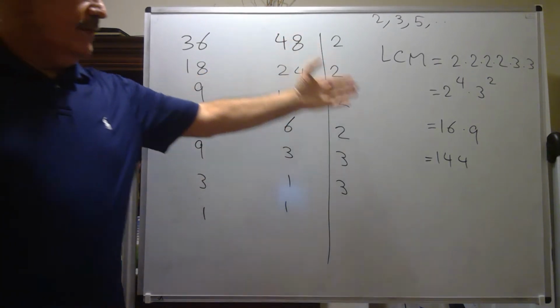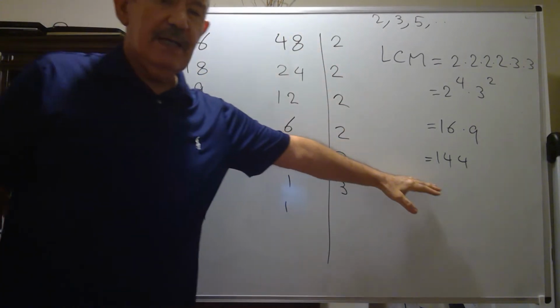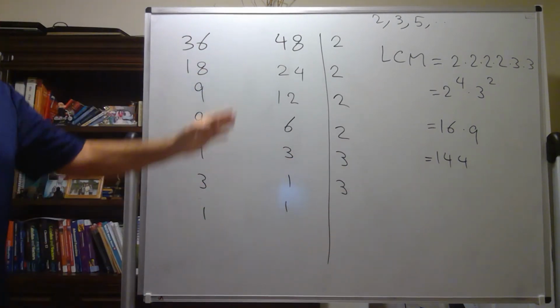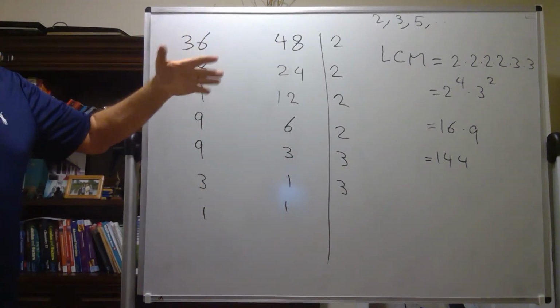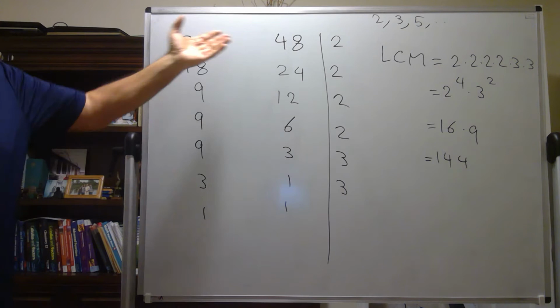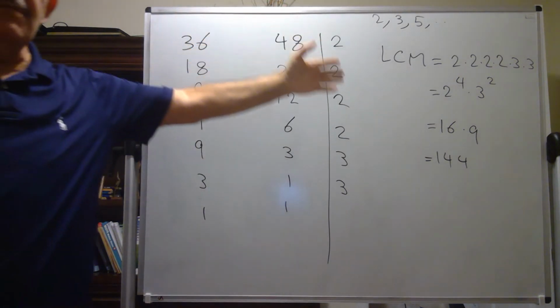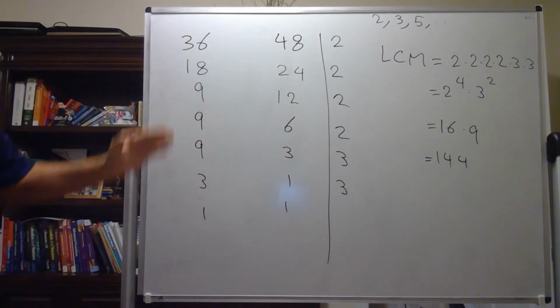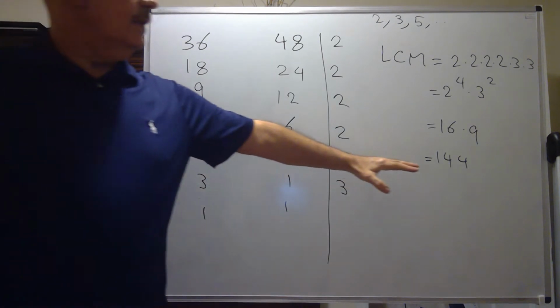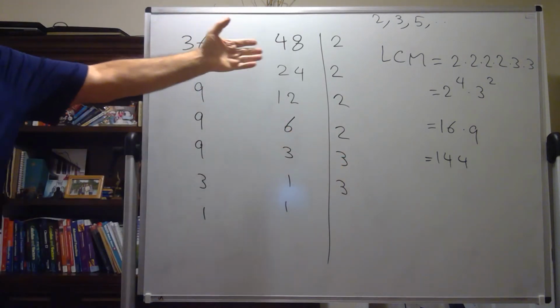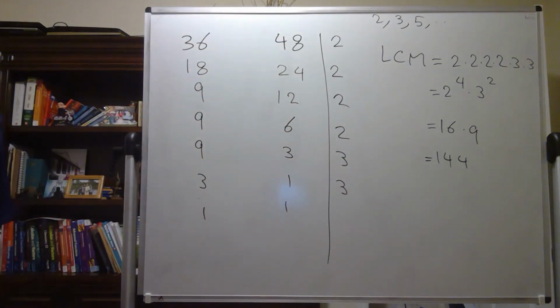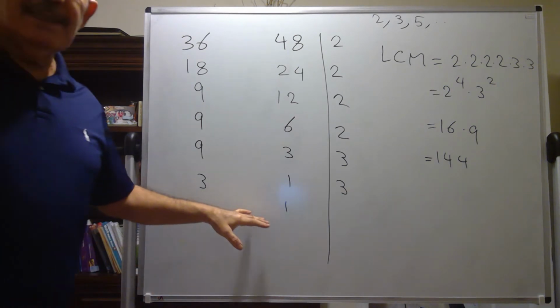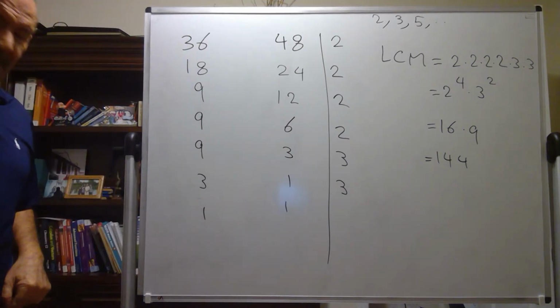As you see, without guessing, we can always find the LCM for any two or more numbers. If it was 3 numbers, we do the same thing using the 3 numbers. This is one method to find the LCM: convert them to prime factors both at the same time. This is the easier method, but I prefer the other method.